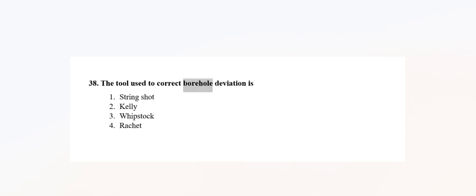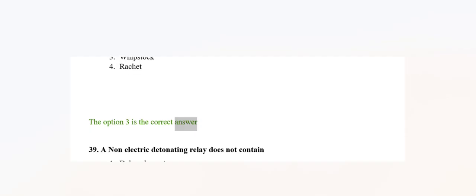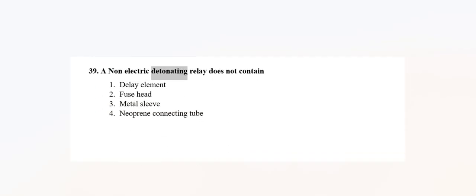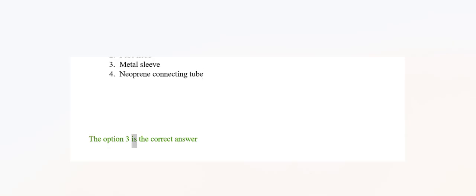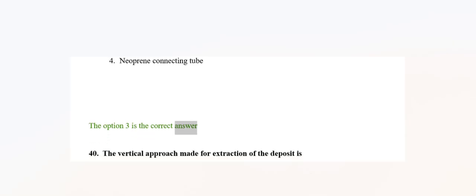The tool used to correct borehole deviation is string shot, Kelly, whipstock, Rutschik. The option 3 is the correct answer. 39. A non-electric detonating relay does not contain delay element, fuse head, metal sleeve, neoprene connecting tube. The option 3 is the correct answer.